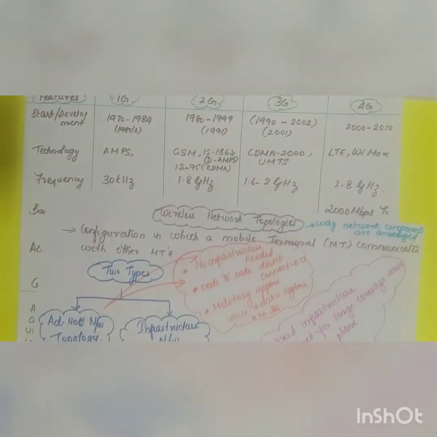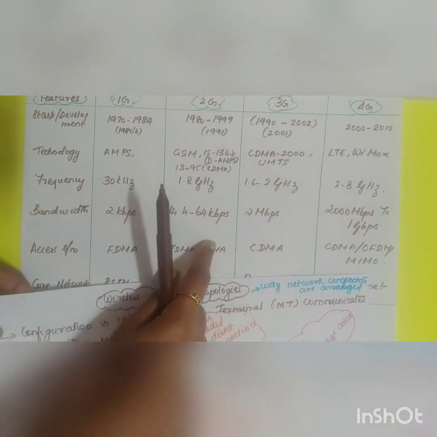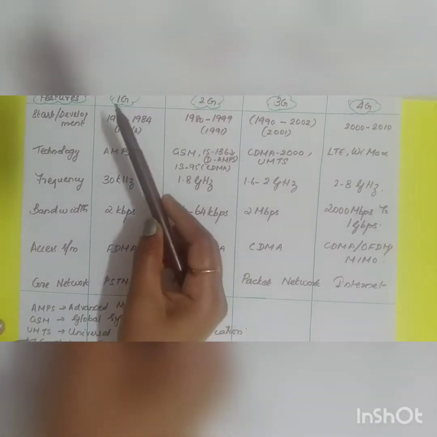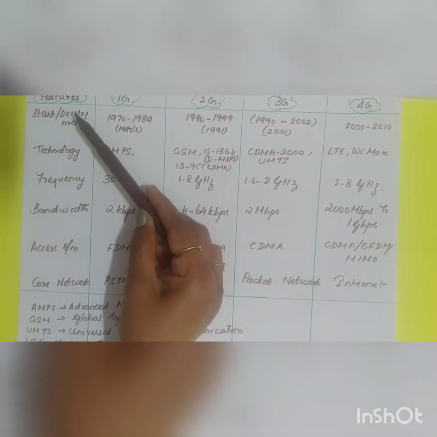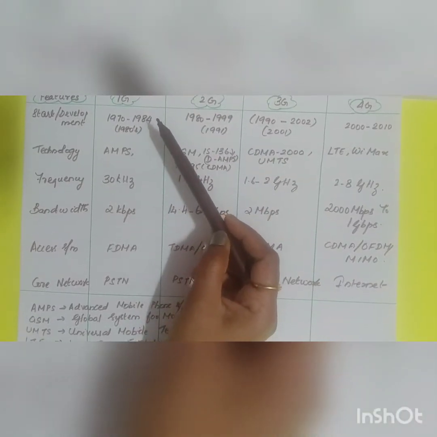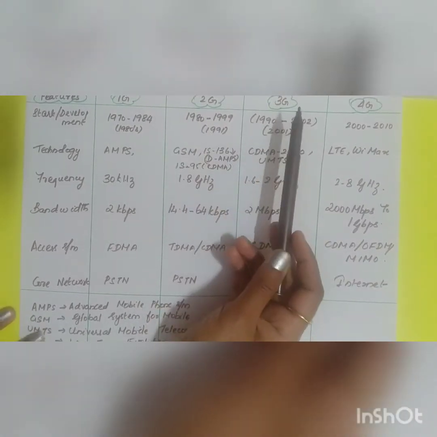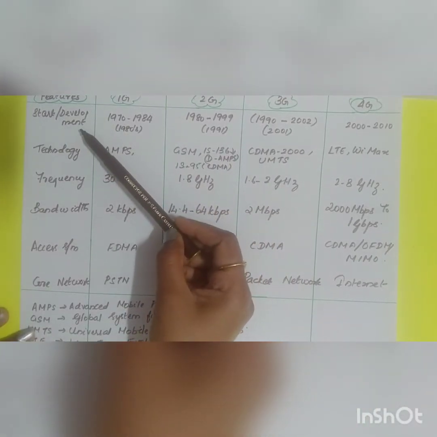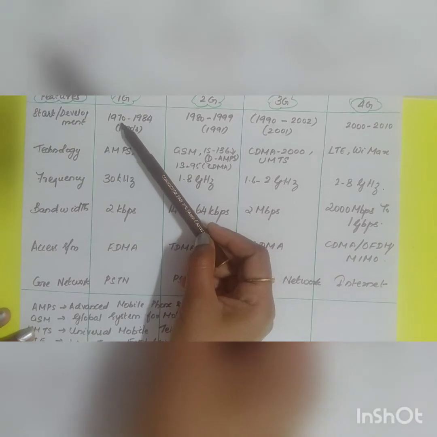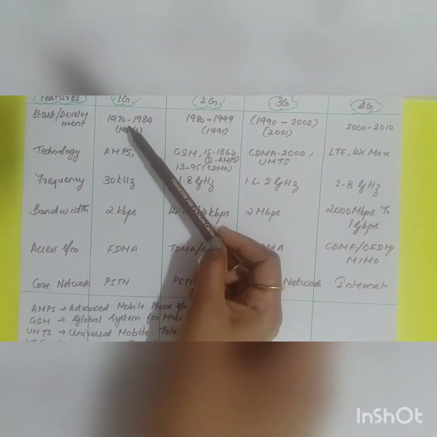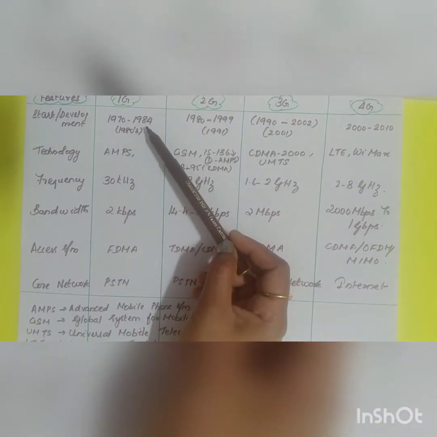So the next topic is the difference between the different generations, the wireless network generations. There are four different generations you are going to study in this syllabus: 1G, 2G, 3G and 4G. If I take the different features, such as start or development, 1G, the first generation, started normally in the 1980s, from 1970 to 1984.